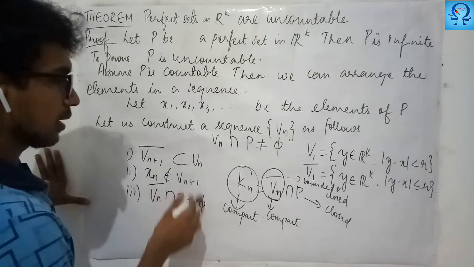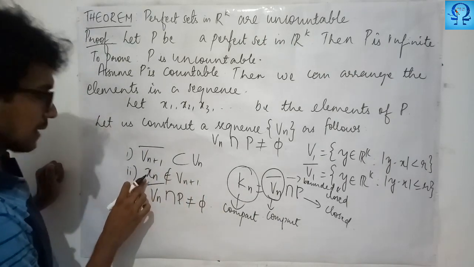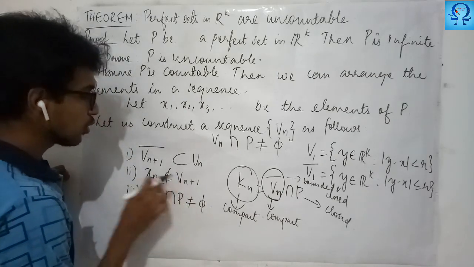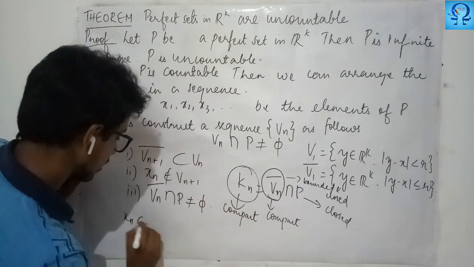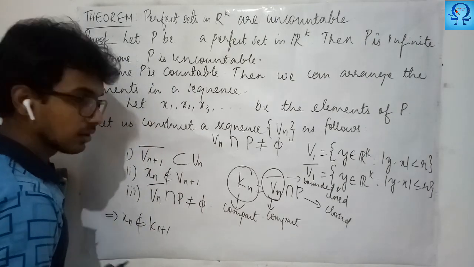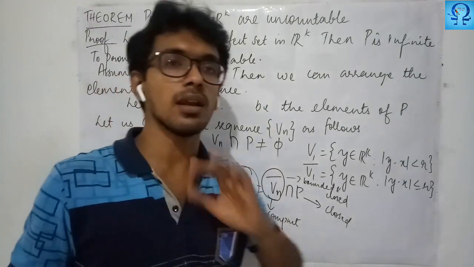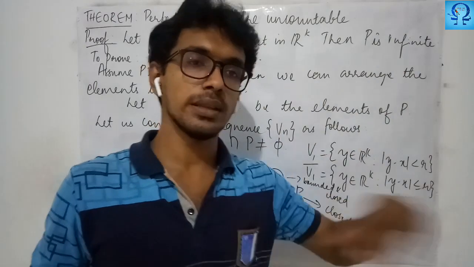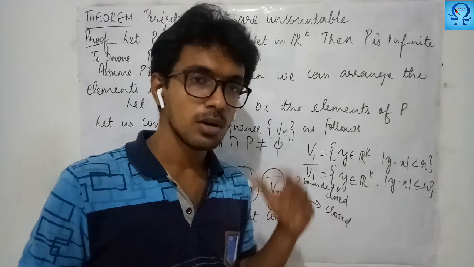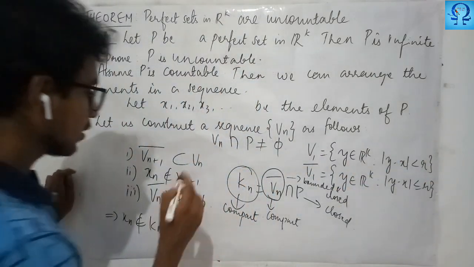Since xn is not a member of Vn plus 1, this clearly tells you your xn cannot be a member of Kn plus 1 as well. So your x1 is present in V1 but is not present in any of V2, V3 and so on. Similarly, your x2 is present in V2 but is not present in V3, V4 and so on.